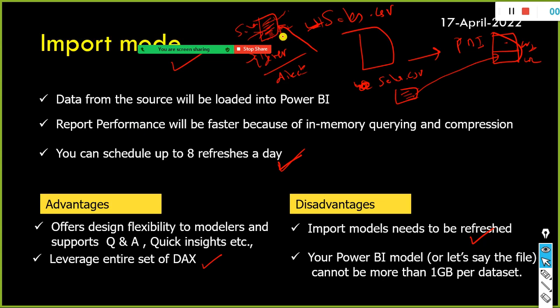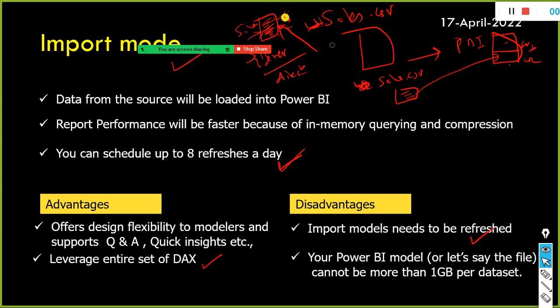Even in the case of SQL Server, if you want to use import mode, the first week you imported the data here, the second week's data got loaded here, but the second week's data should be made available as part of your Power BI file. In that case, you need to load it here. That is what import mode is.